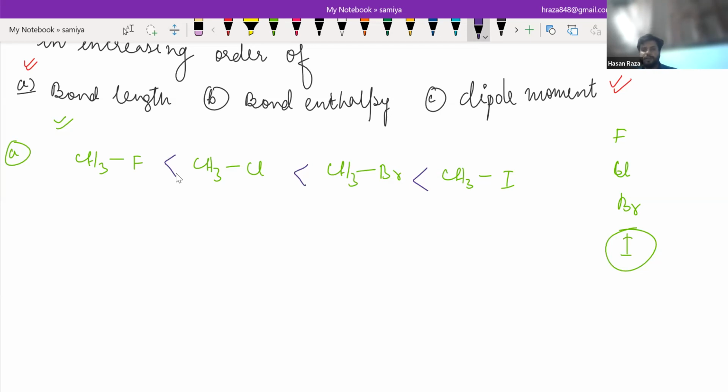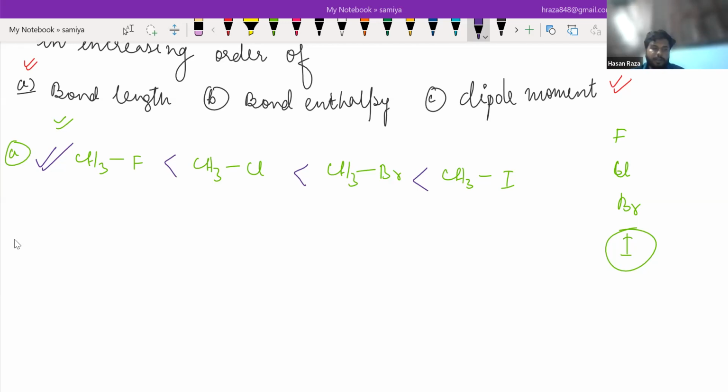Yes or no, Darshan? Fluorine is small, so the bond length it makes will be small. Is that clear? But still it is wrong because you put bromine first, then chlorine. Are you getting my point? F, Cl, Br and then I. That is the mistake.